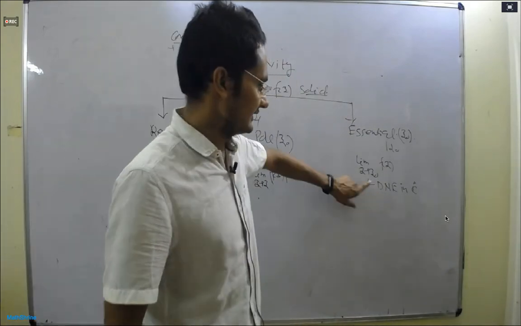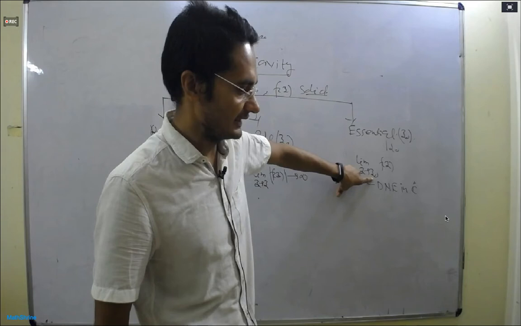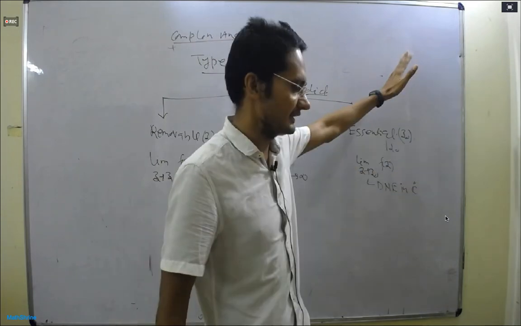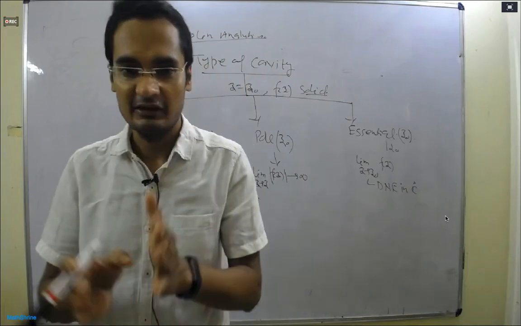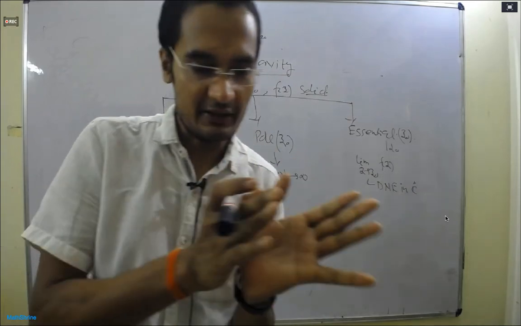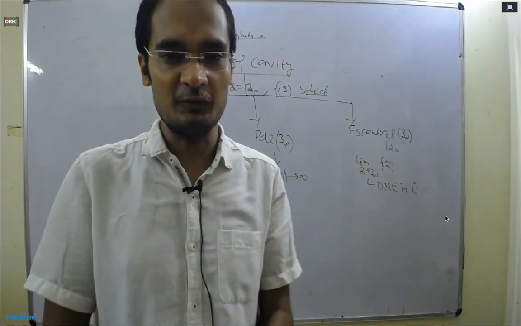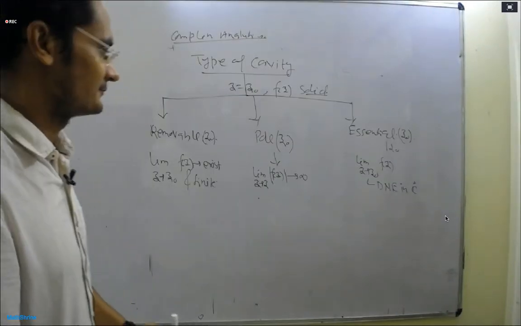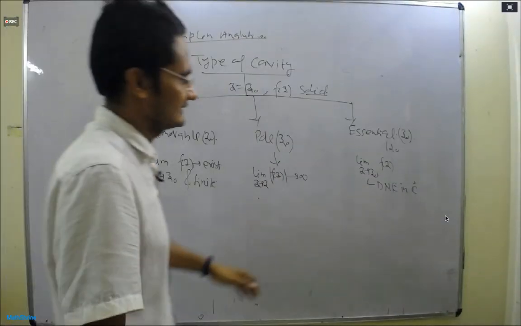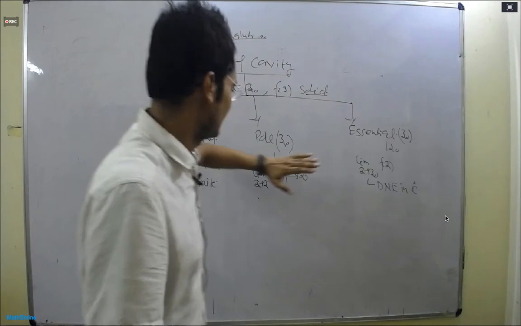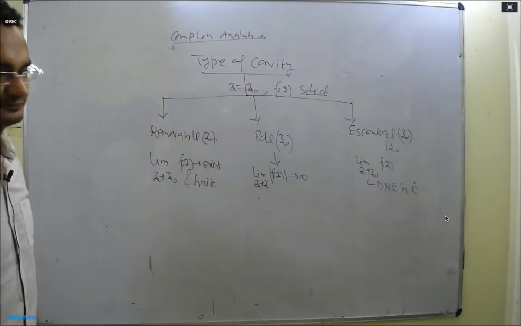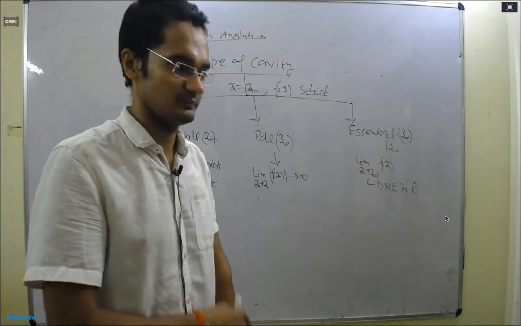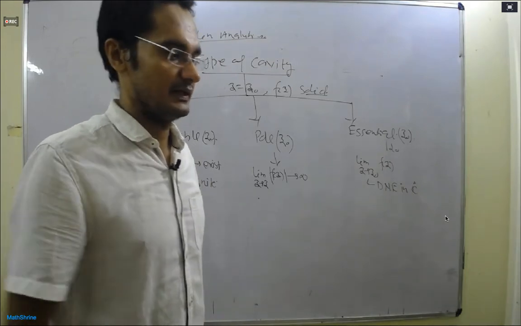It means that as you approach z naught, sometimes you will reach infinity, sometimes you will reach some other point. Having a limit means that whatever direction we take, it should have the same output, right? So in this case we say it is essential, in this case it is the pole, and this one is removable.